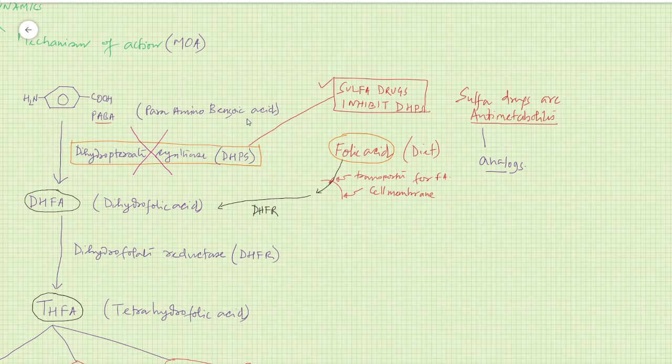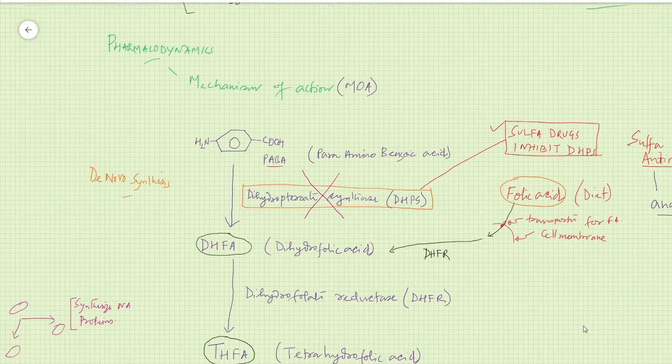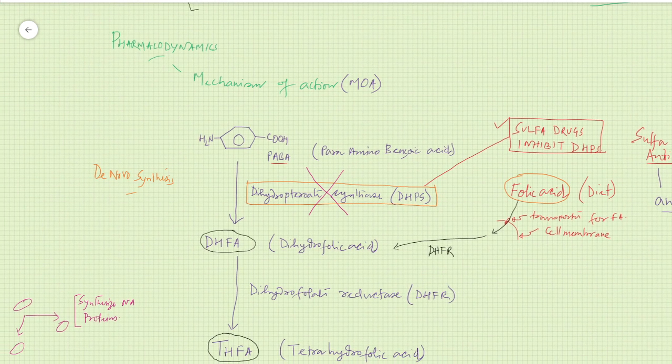So let's draw the structure of sulfonamides, so we can understand what's going on here. Why do we say it's a structural analog?